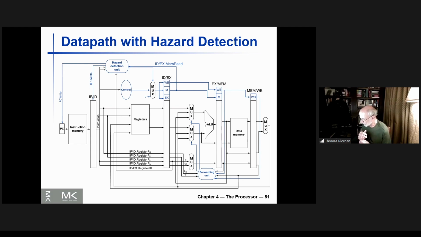So the first thing we're going to do is we're going to take that instruction that's trying to use the value right after the load, which was the and that has to move. So first we're going to insert the bubble. And the way we insert the bubble is that when we detect that they're equal, we're going to switch this mux so that this 0 goes into all of these fields.